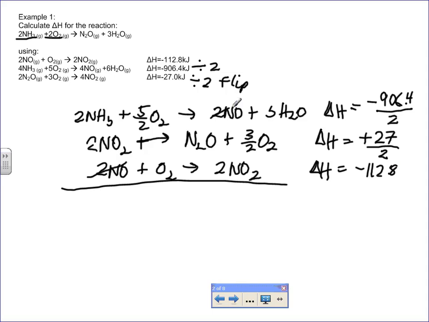Okay, so we can see the 2NOs simplify, the 2NO2s simplify, and the oxygens here, we've got 7 halves on the left-hand side and 3 halves on the right-hand side, which leaves us with the 2 oxygens that we're supposed to have.